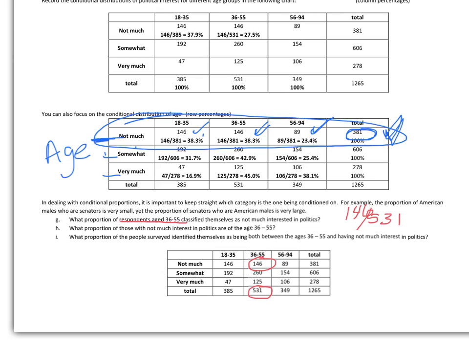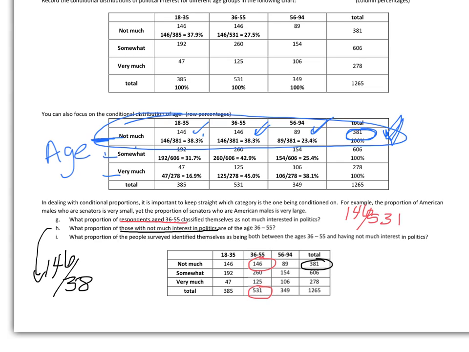For question H, down here, what proportion of those not much interested in politics, there's my denominator, 381, are 36 to 55? Notice that's still the same numerator.